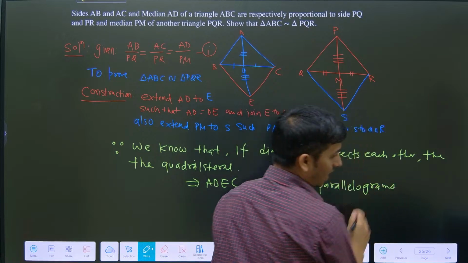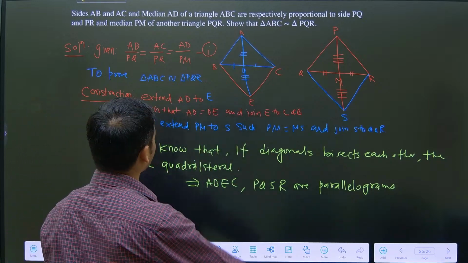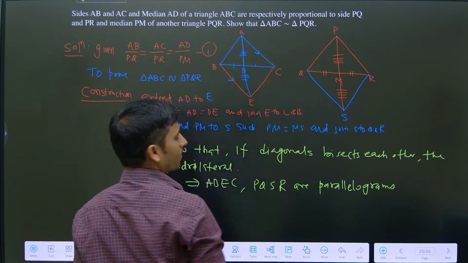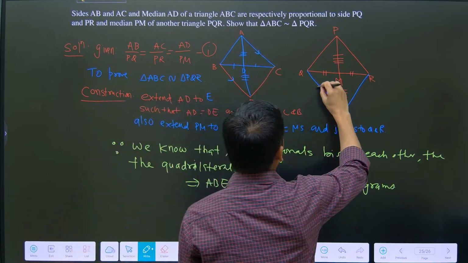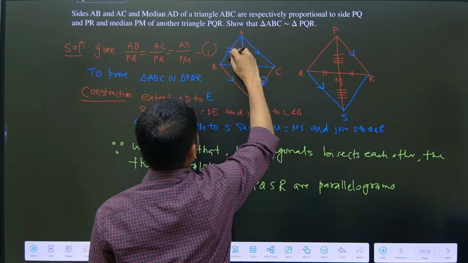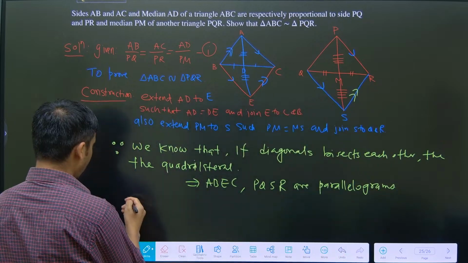Are you getting it? And if it is a parallelogram, all the properties of a parallelogram we can apply. That means this length as well as this side are equal and parallel. This and this are equal and parallel. And this and this are parallel and equal.